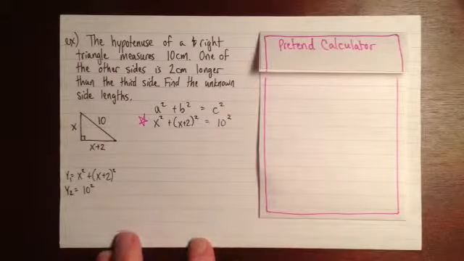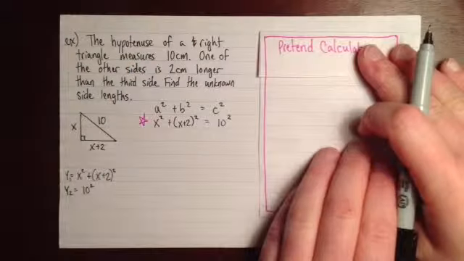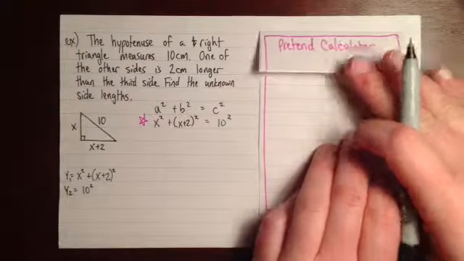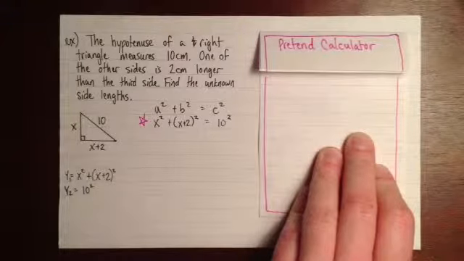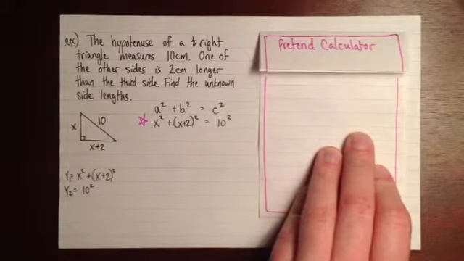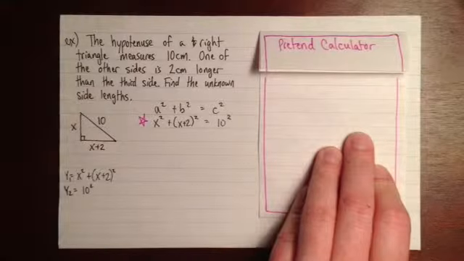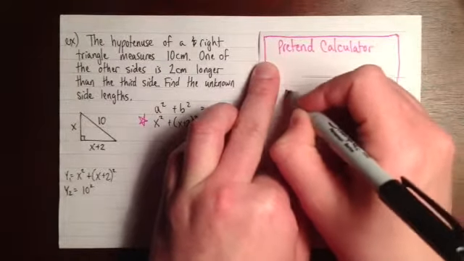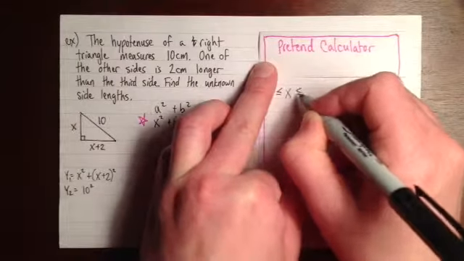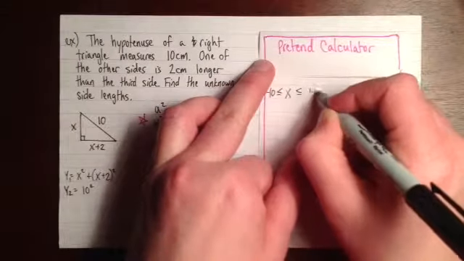I'll suggest you can play around with the window settings. Pause it maybe right now until you get the window settings, and then in a second I'll give you some, just in case you have trouble. Okay, the window settings I used: x between -10 and 10.